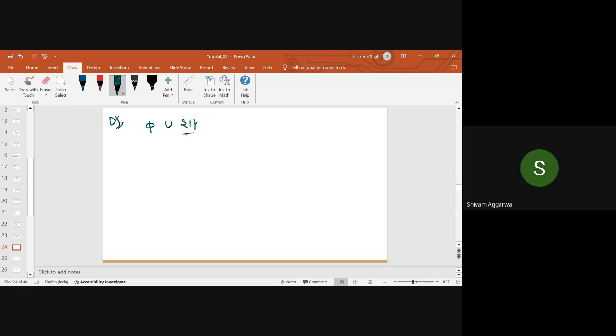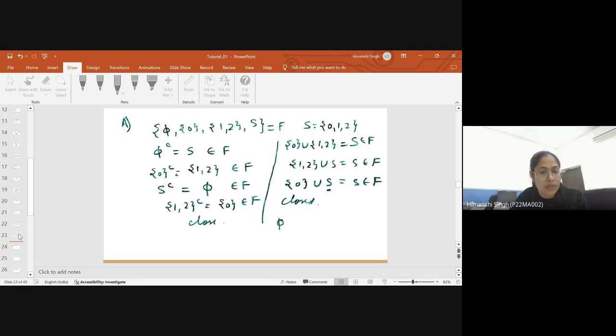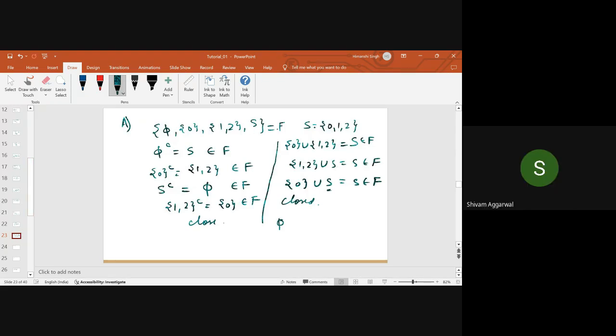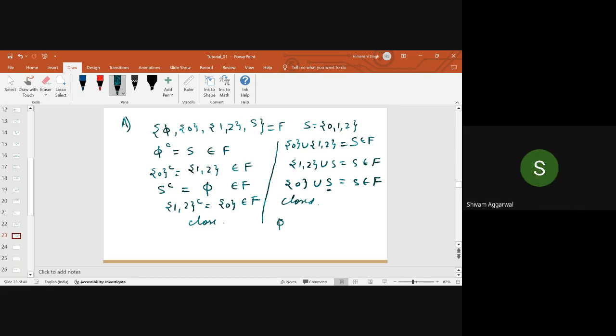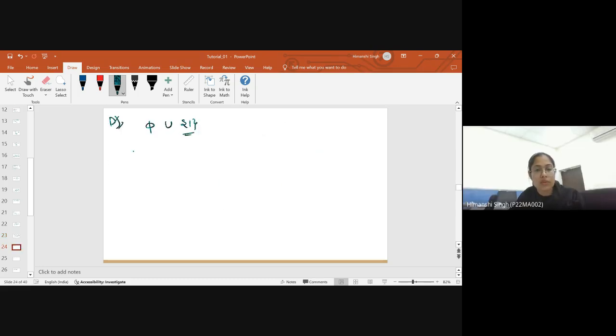You will take unions of the elements which are in the set. 1 is not in this. F is a class of subsets of S, but the singleton 1 is not in F, so we will not consider that.